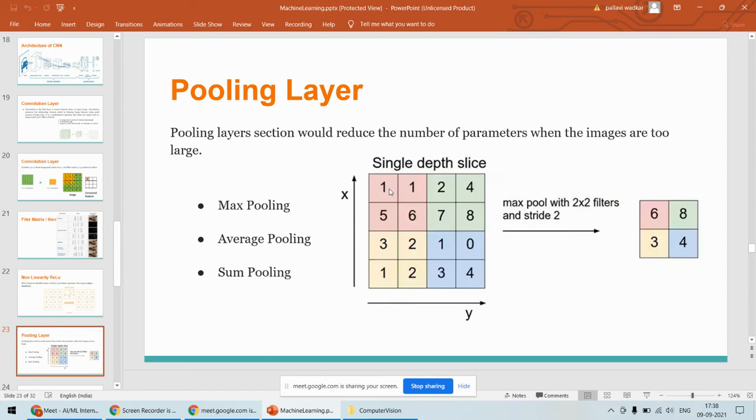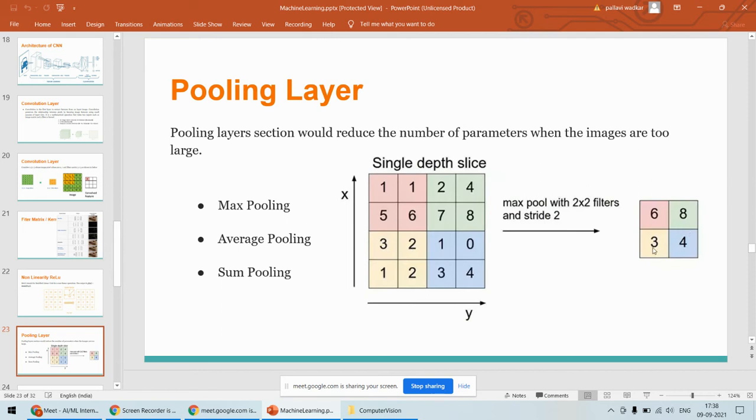In the pink color area, which is the max value? Obviously 6 is the maximum value in this pink region, so 6 will be taken forward. What is the max value in 2, 4, 7, 8? Obviously 8 is the maximum, so that will be taken forward. What's the maximum value in 3, 2, 1, 2?